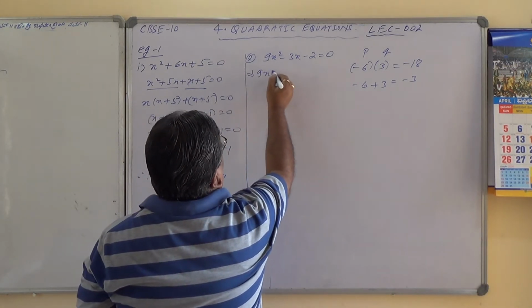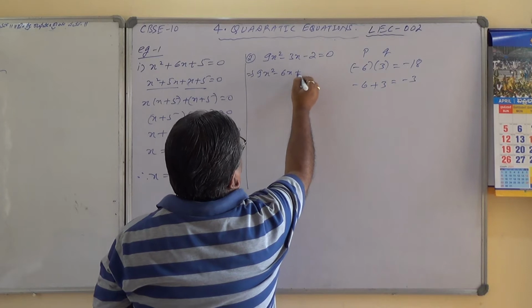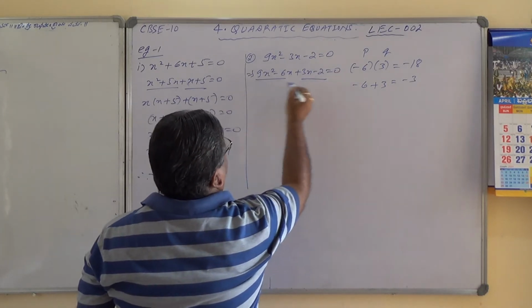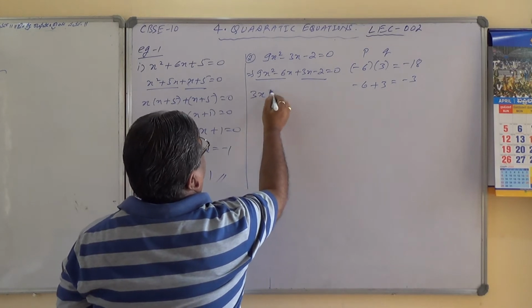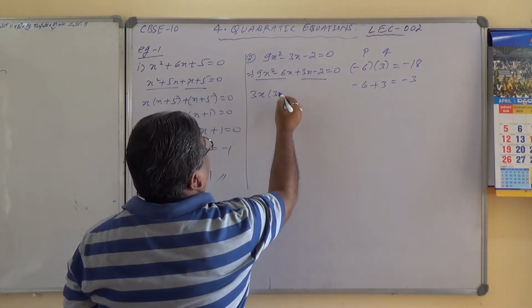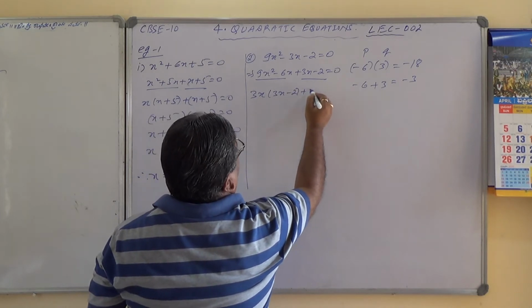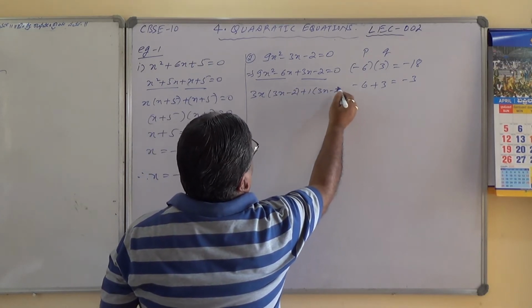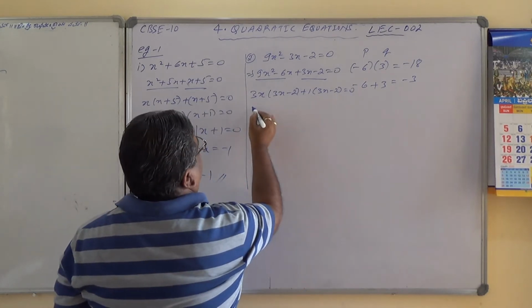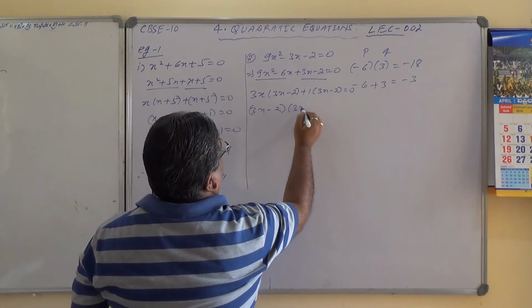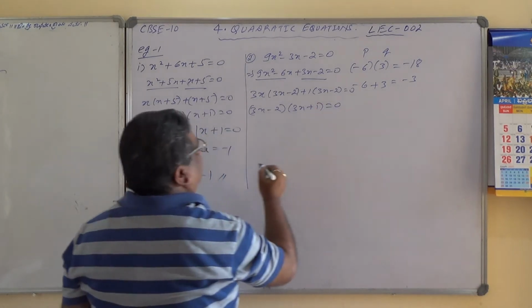Implies 9x square minus 6x plus 3x minus 2 equals 0. Common out of this, here it is 3x, 3x minus 2 basically, plus 1 you take common, 3x minus 2 equals 0. So out of this common 3x minus 2, 3x plus 1 equals 0.